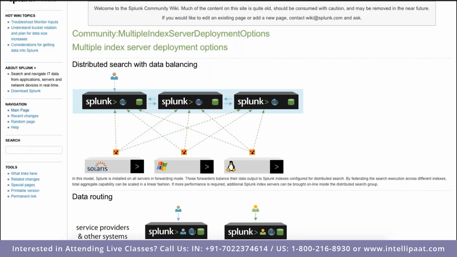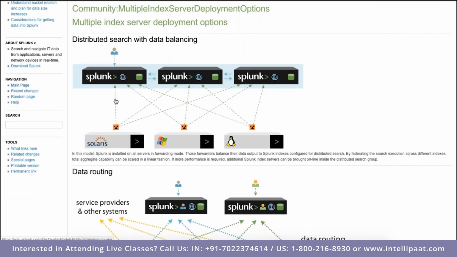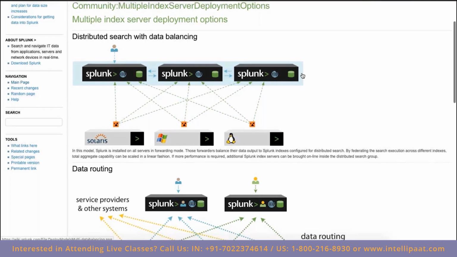One is data balancing, the load balancing model, where you have multiple Splunk server installations, and on a load sharing basis the logs are forwarded. Each Splunk instance talks to the other Splunk instance, and it works on a load sharing basis, right?